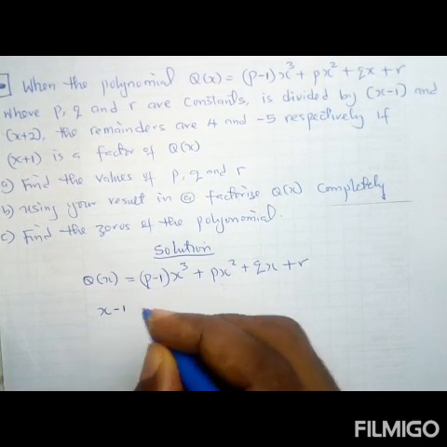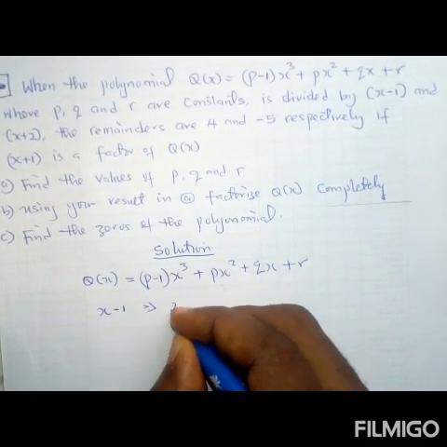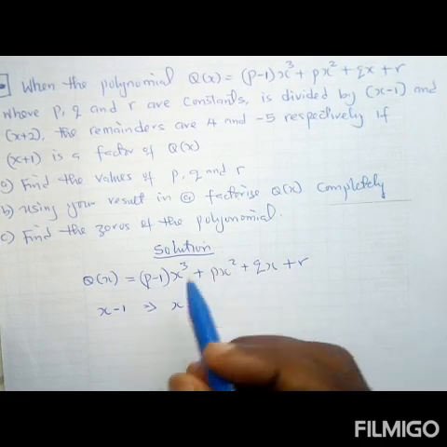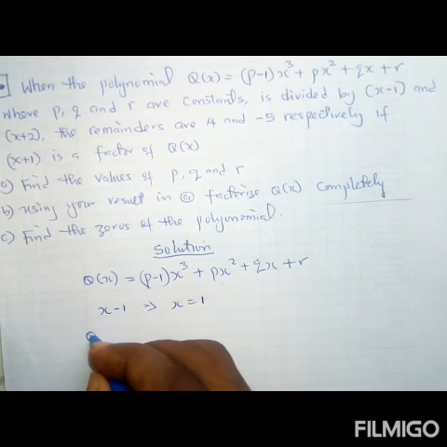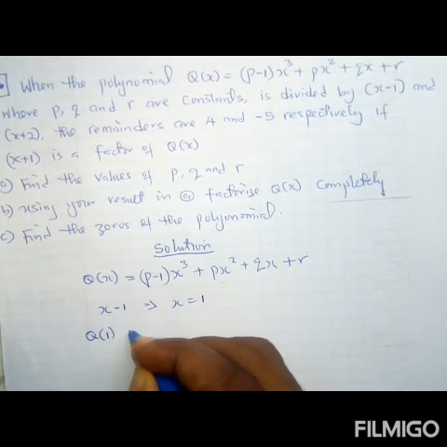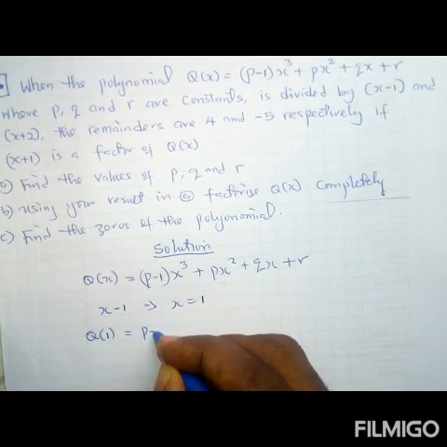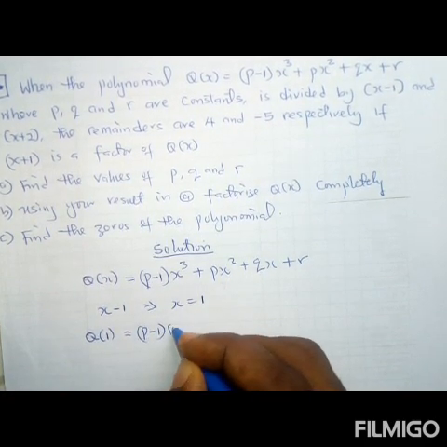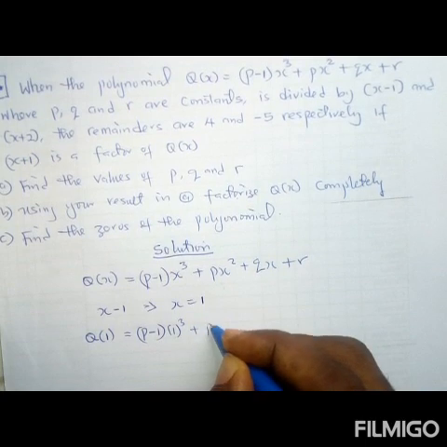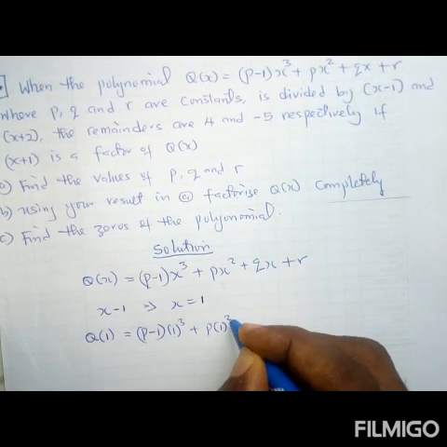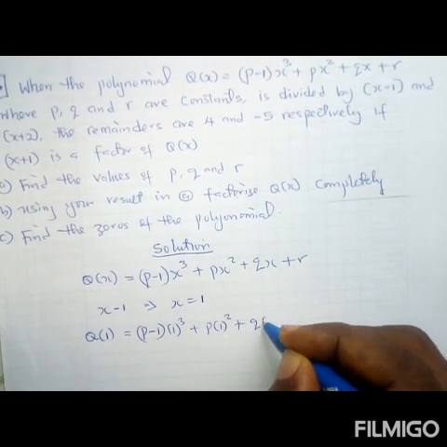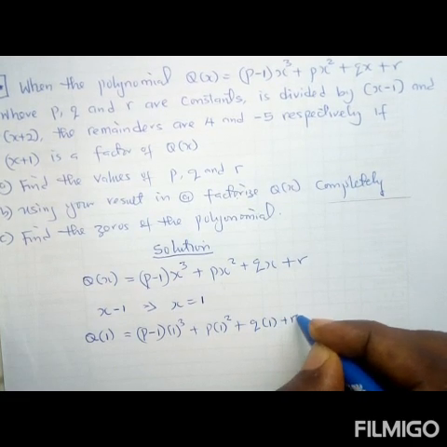X minus 1 implies x being 1. It means when you put it in this function, anywhere you see x you put 1. 1 cubed plus p bracket 1 squared plus q bracket 1 plus r.